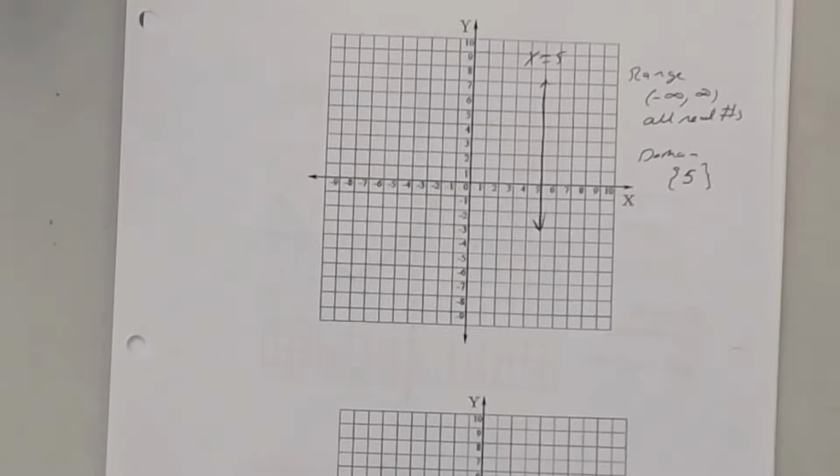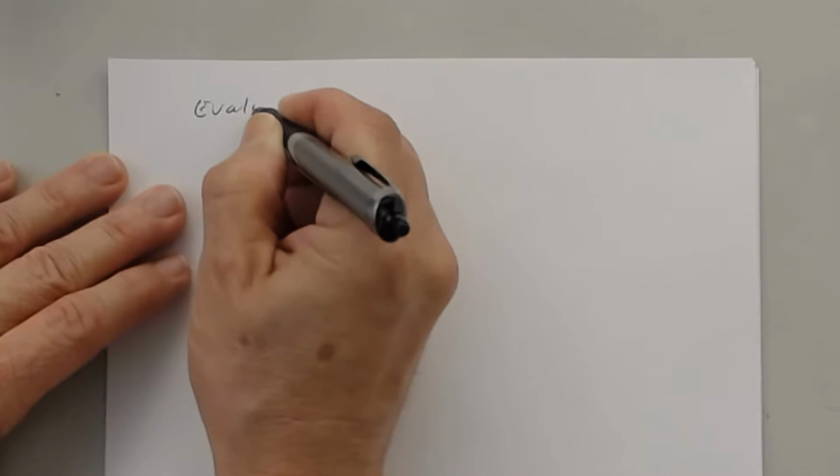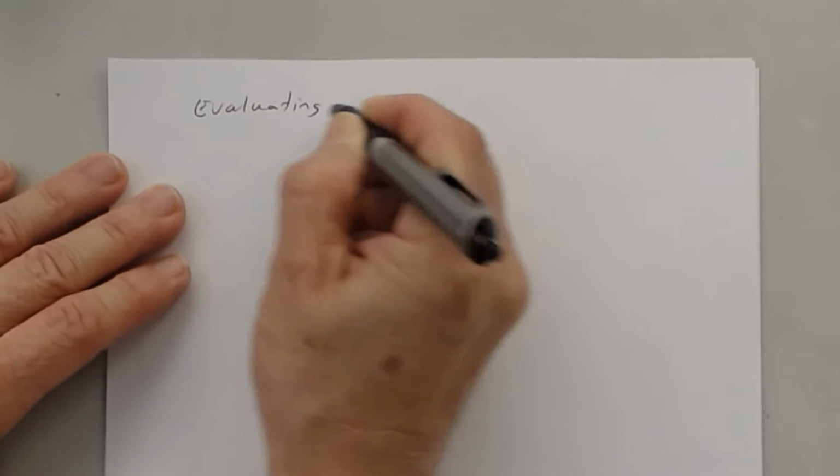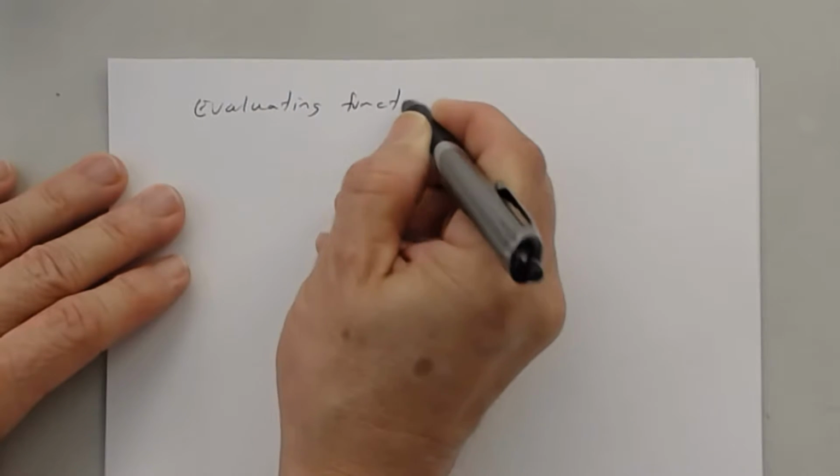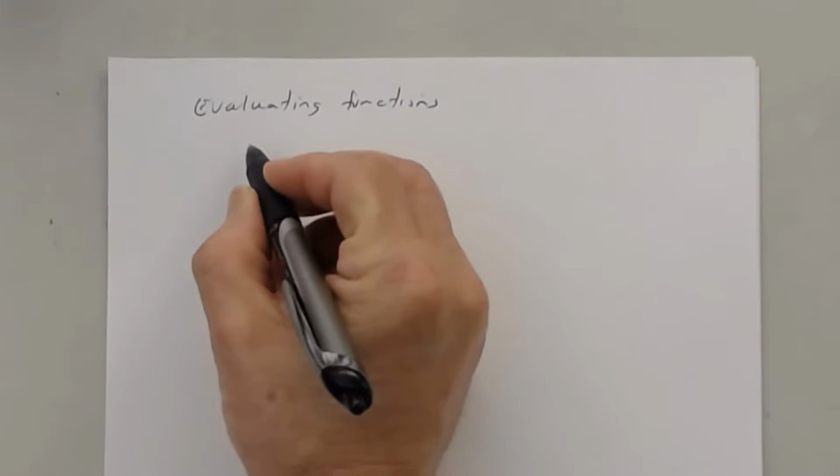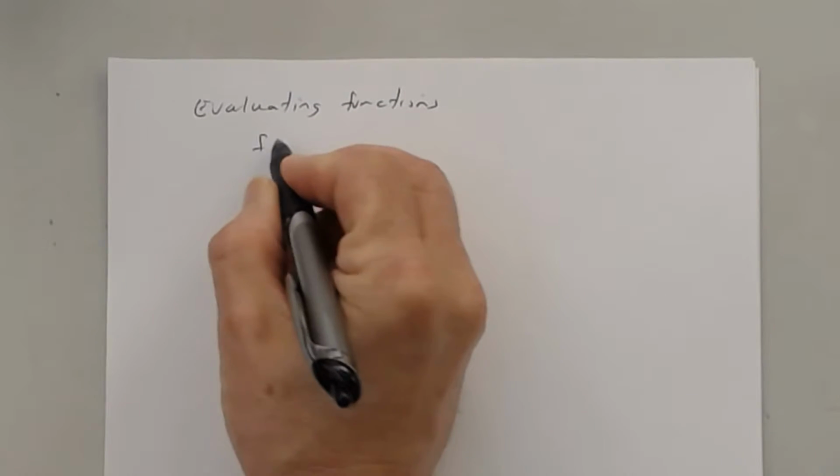Okay, so that was a quick review of what we did last time. Let's look at this one and review it as well. Last time we talked about evaluating functions. Remember evaluating functions? Let's suppose we had this function.